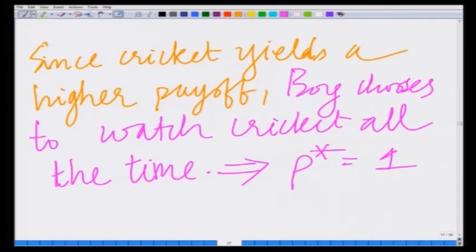So, he is not watching the Harry Potter movie at all, because cricket is yielding a strictly higher payoff.